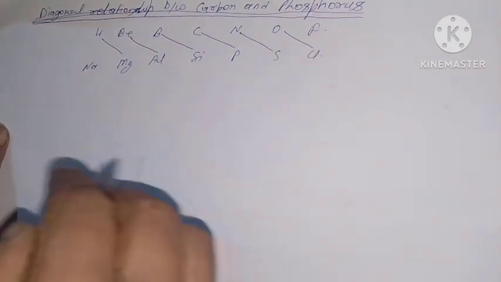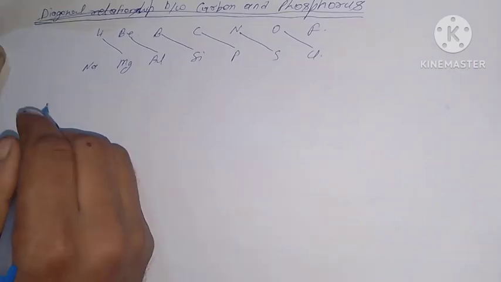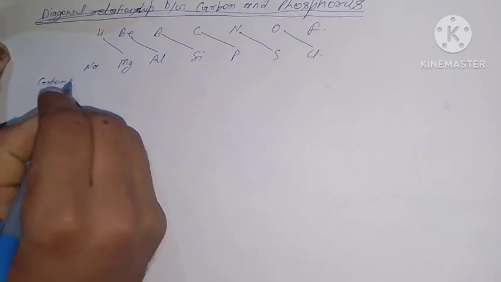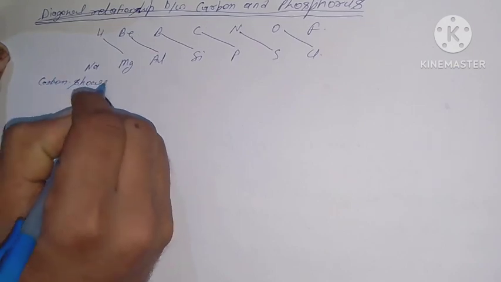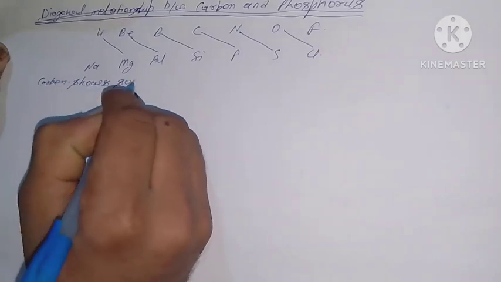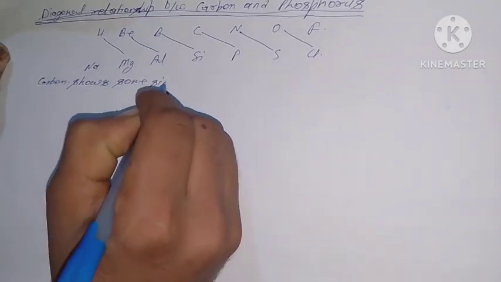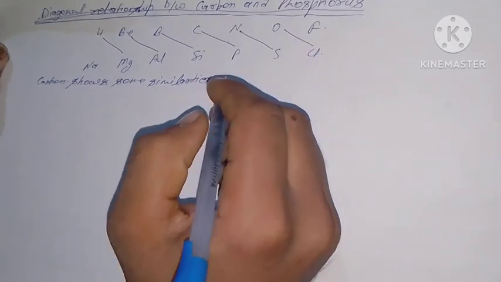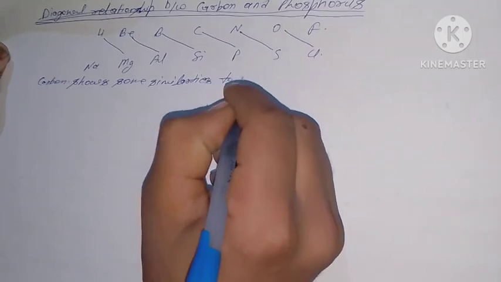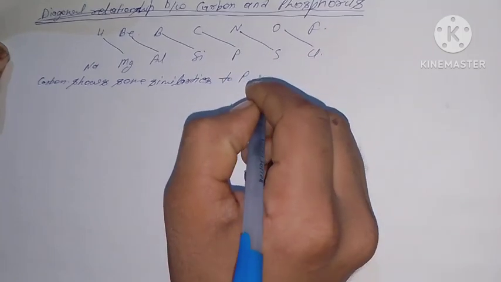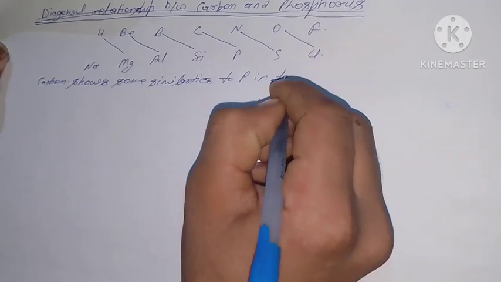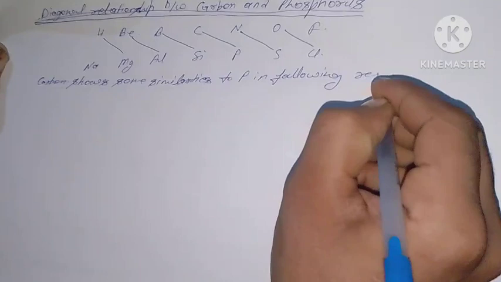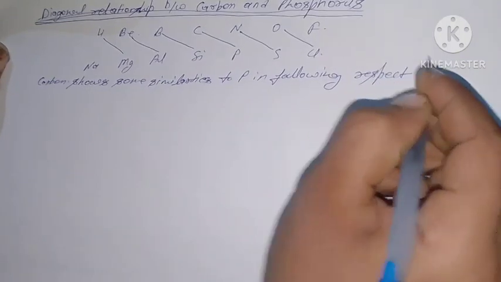Carbon shows some similarities to phosphorus in the following respects.